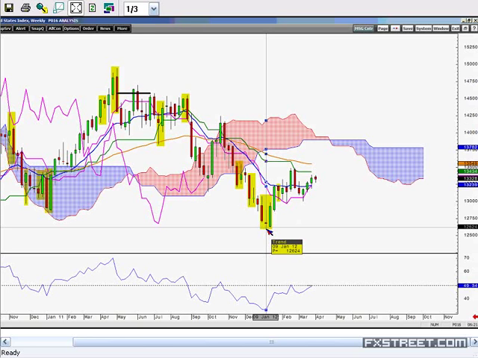Okay, and also when we start talking about correlation in euro yen, that low coincided with euro yen getting to 261.8% Fibonacci extension. Now, 261.8% Fibonacci extension is the classic end of the sequence.